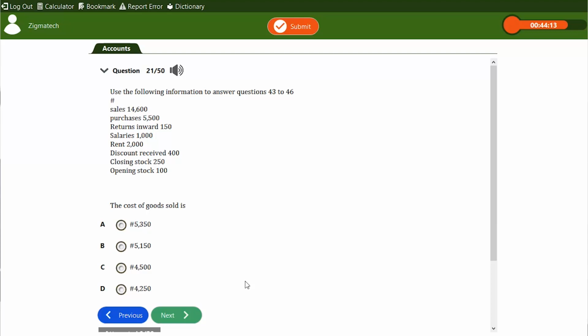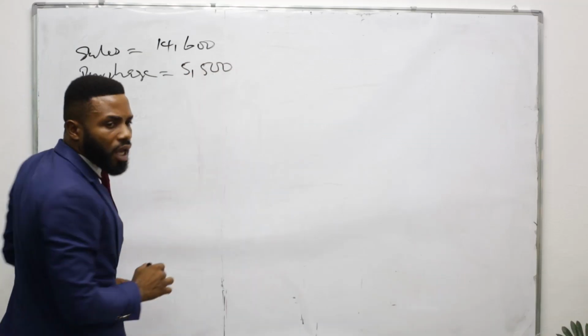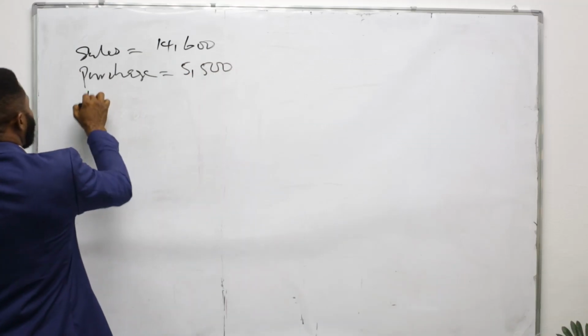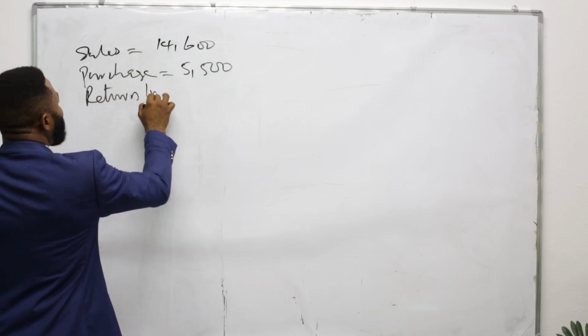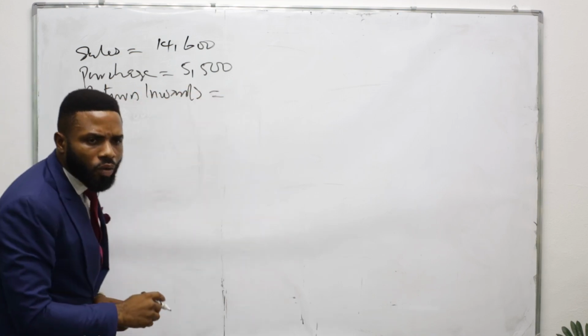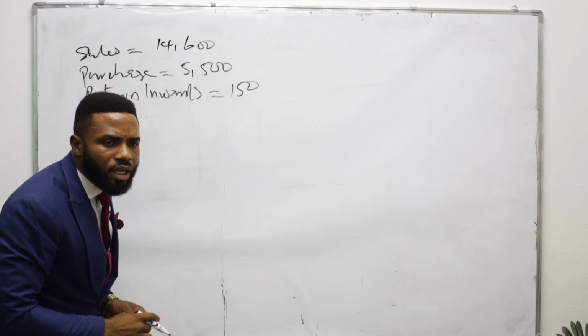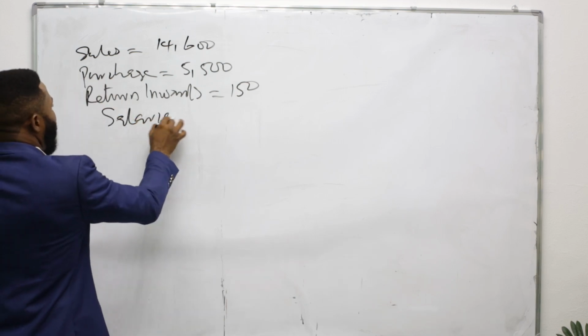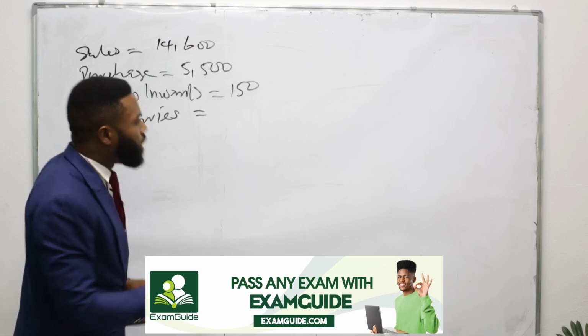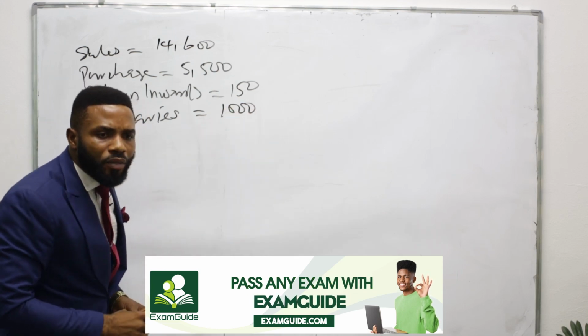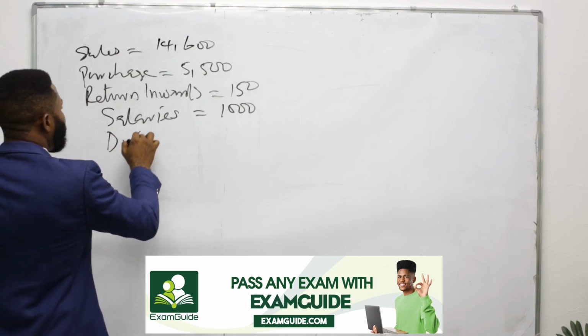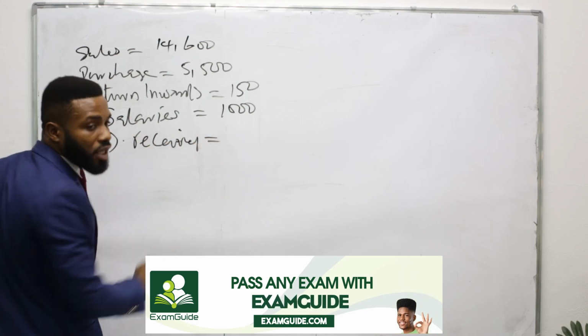14,600. And then purchase is equal to what? 5,500. And then return invoice is equal to 150. And then the next one is salaries. Salaries is equal to 1,000.